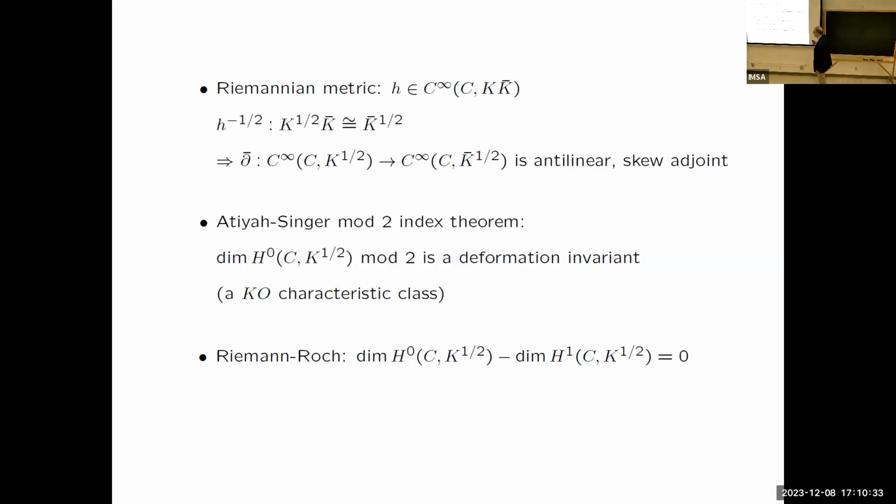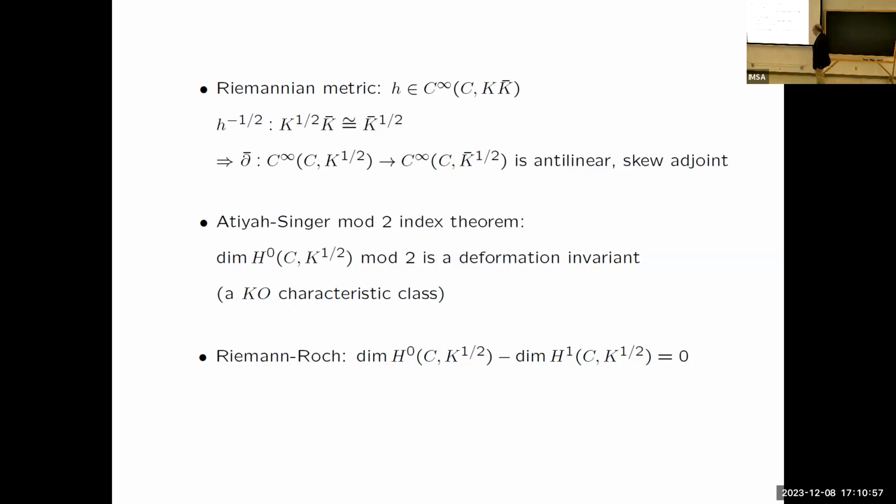And this happens in dimensions 8k plus 2, that the dimension of this vector space, modulo 2, is a deformation invariant. It's the first thing to say, and can be represented, in fact, by a topological characteristic class, KO theory. Well, that's not going to be the more sophisticated aspect of it.